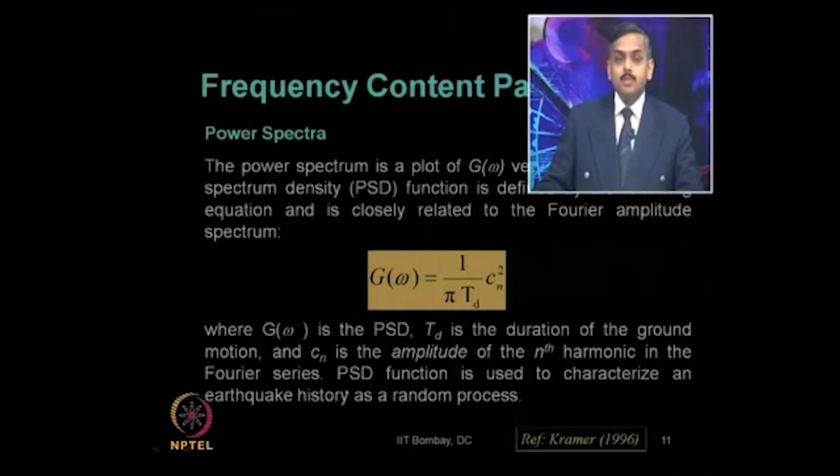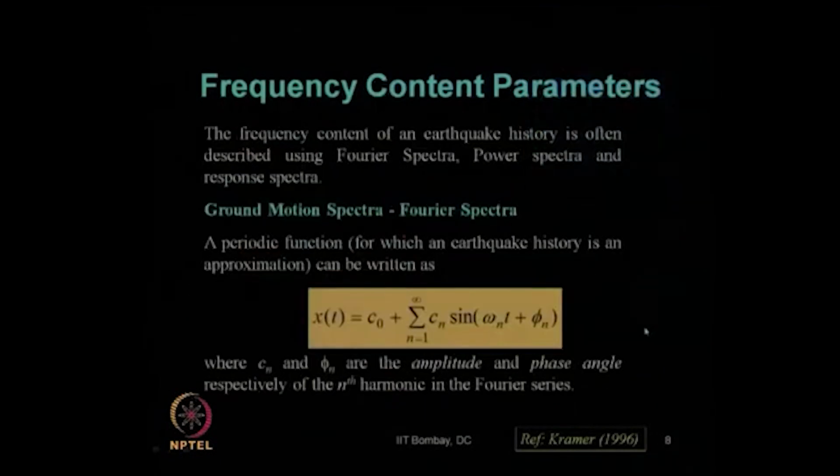So, this power spectral density function is used to characterize an earthquake history as a random process. Unlike the Fourier spectra, where we expressed that random process as a sinusoidal or periodic function, if we go back to that equation, the random behavior of the earthquake displacement is assumed to be a periodic function through this expression of Fourier series.